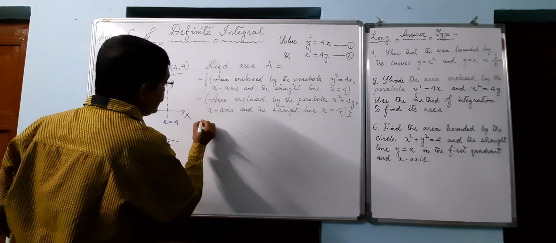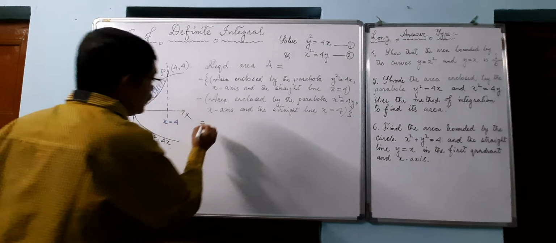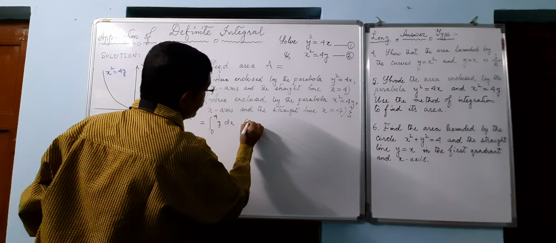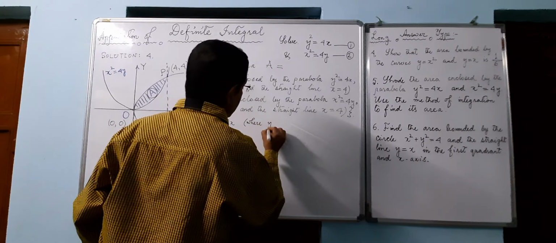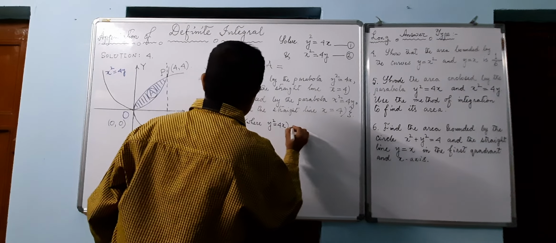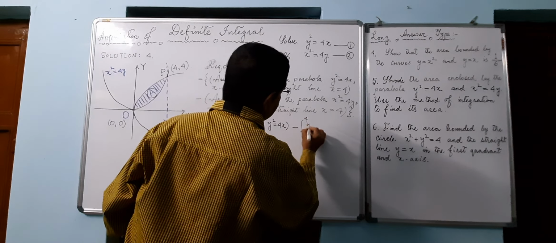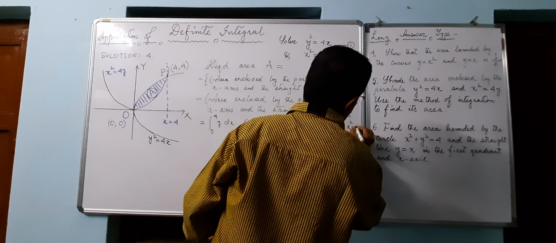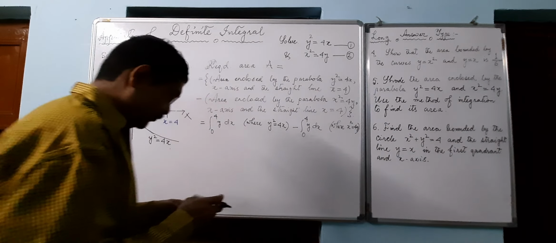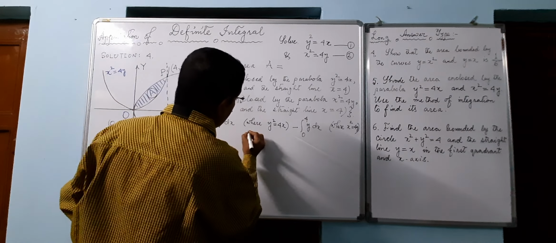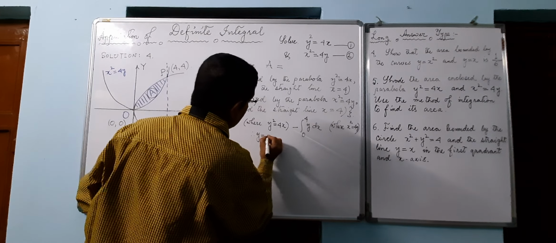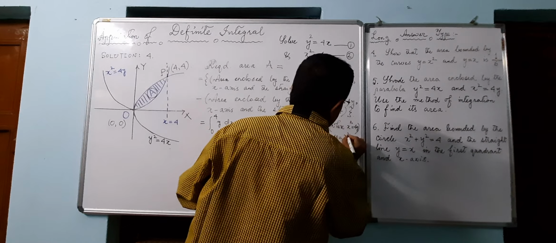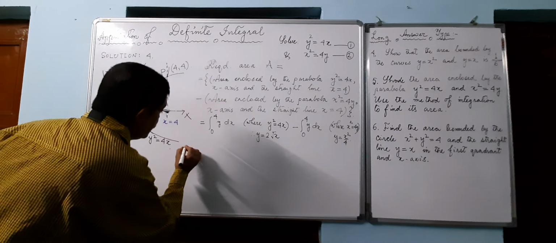In mathematics, in definite integral form, we get the integral from 0 to 4 of y dx, where y square equals 4x, minus the integral from 0 to 4 of y dx, where x square equals 4y. From the first, y equals 2 root x, and from the second, y equals x square by 4, and we substitute these two results.